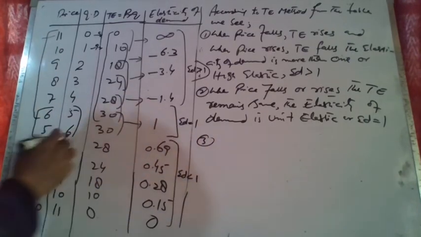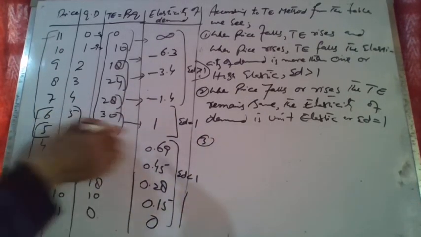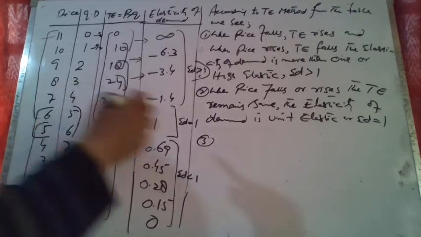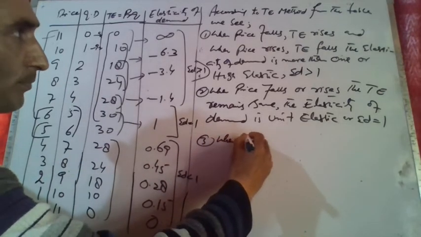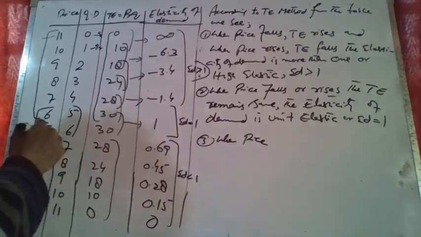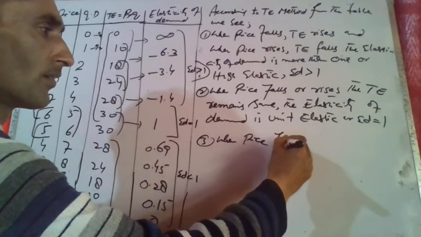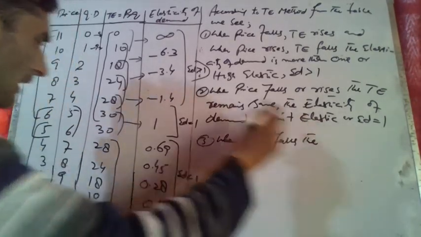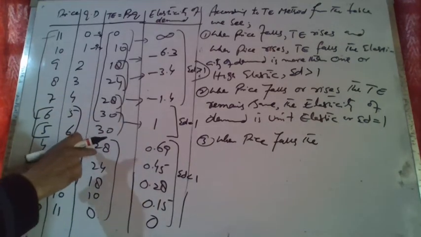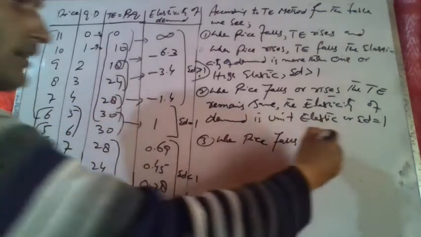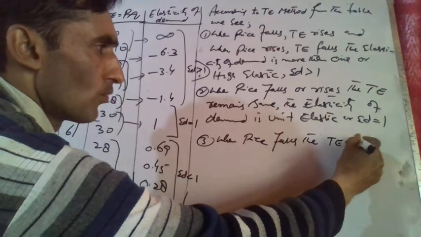Number third, from this stage to this stage, here we see when price falls, the total expenditure also falls: 30, 28, 24, 18, 10. The total expenditure also falls.